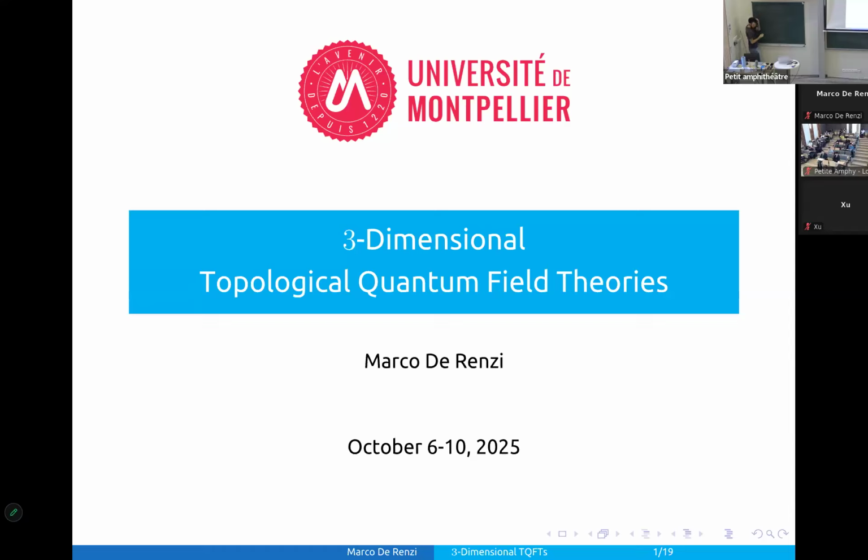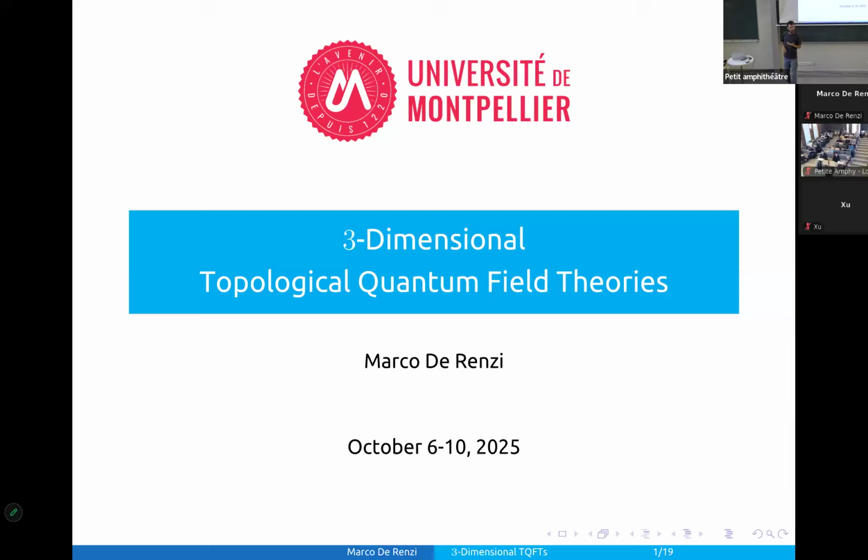This will be the category with objects the natural numbers. So this would be a skeleton of this category of connected cobordisms by Crane and Yetter.